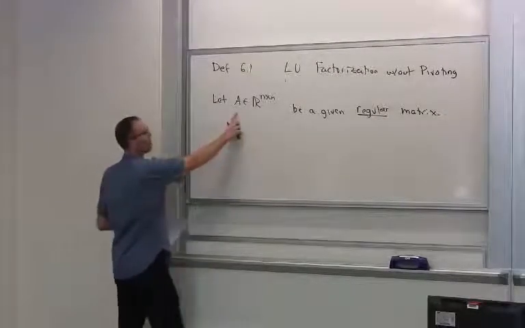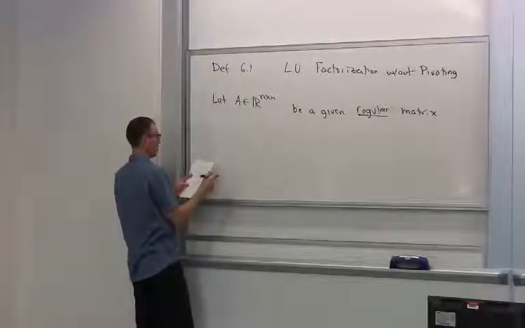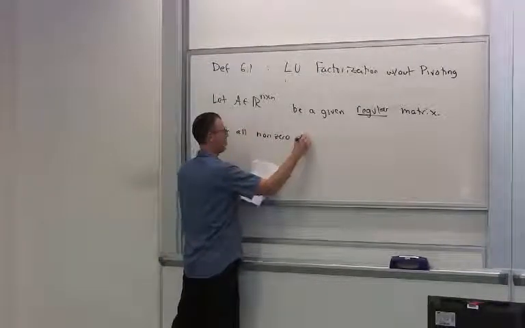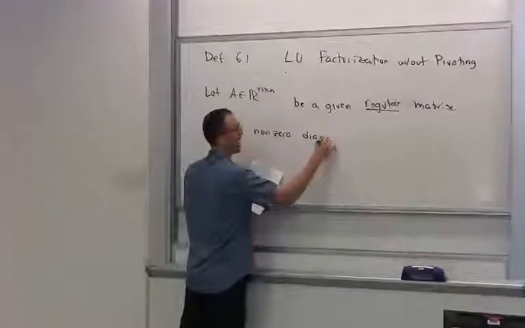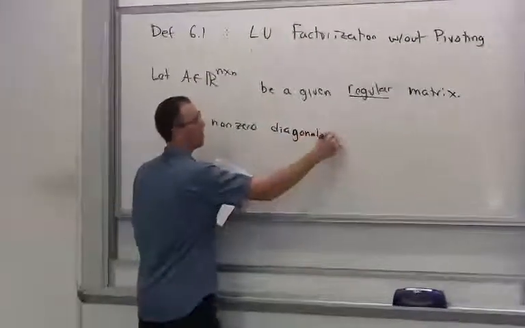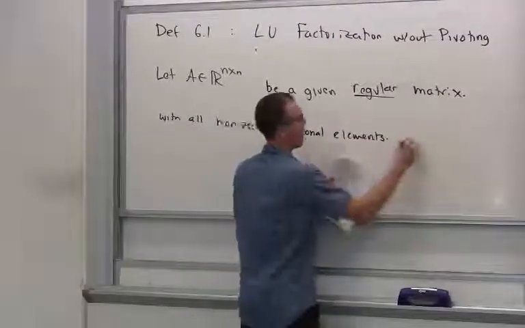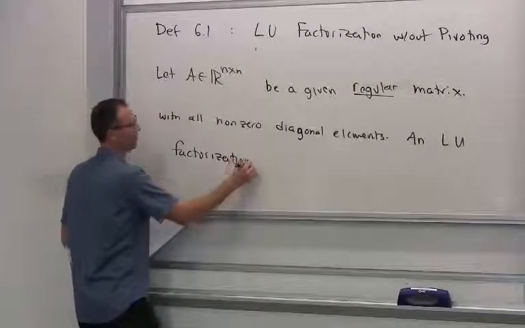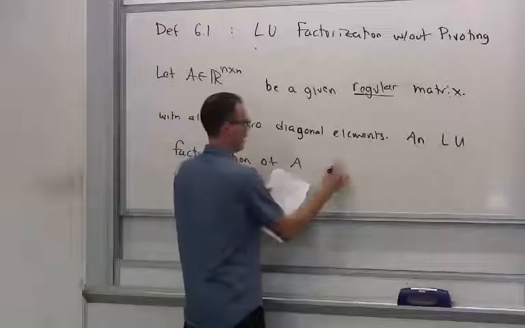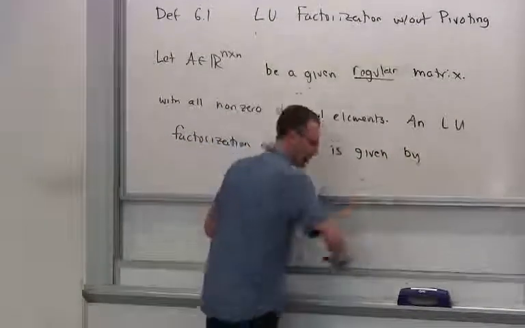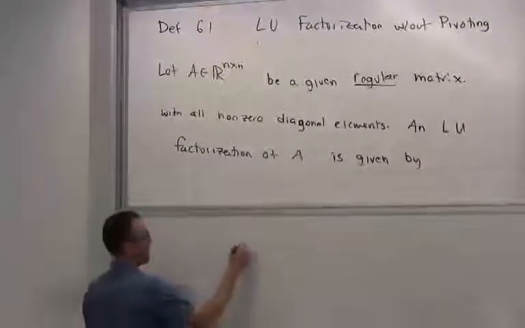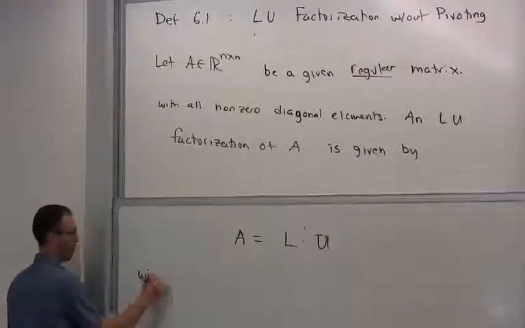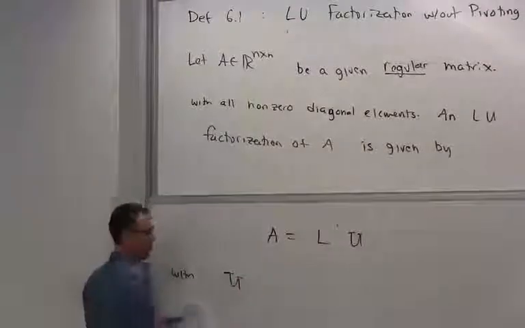All right, so given a regular matrix A, with all non-zero diagonal elements, an LU factorization of A is given by A equals L times U. With, can you guess what we say about U?